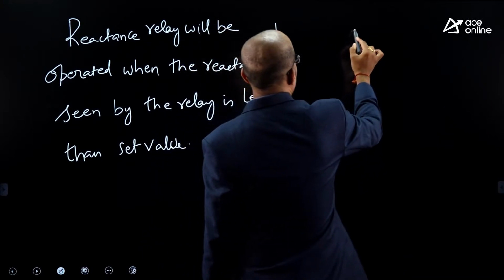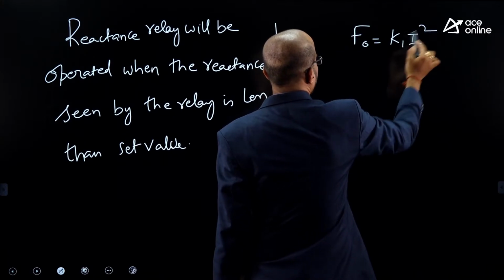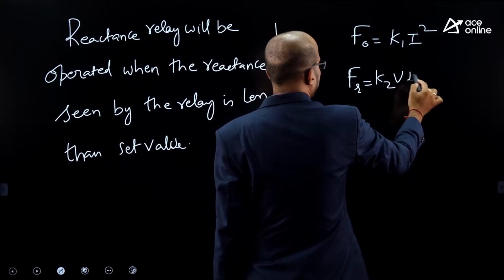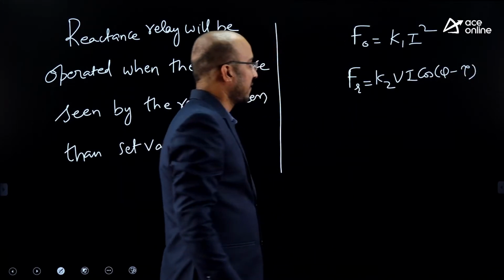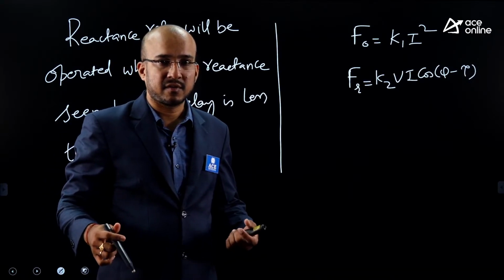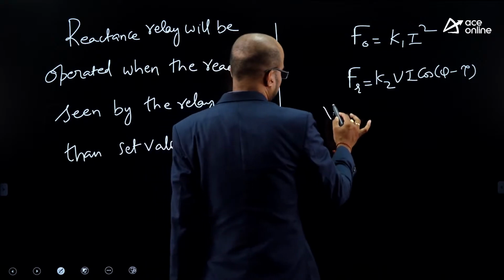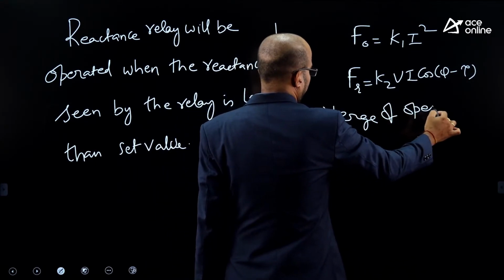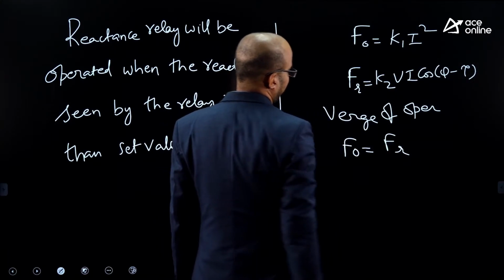The operating force is due to current, F naught is equal to K1 I square, and the restraining force is due to the directional element, K2 Vi cos of phi minus tau. For relay operation, F naught should be greater than Fr. But if you consider the boundary condition, that is, at the verge of operation, the operating force is equal to the restraining force.